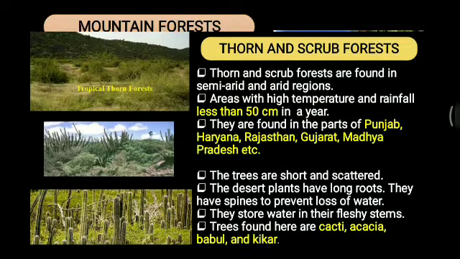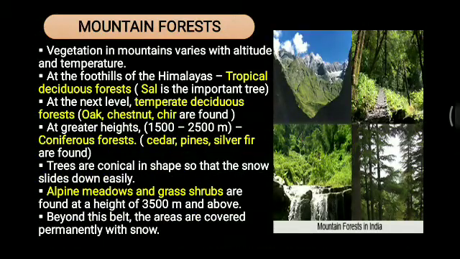Secondly, we have the mountain forest. Vegetation in mountains varies with altitude and temperature. Different vegetation is found at different heights, varying from tropical at the foothills to alpine at greater heights.